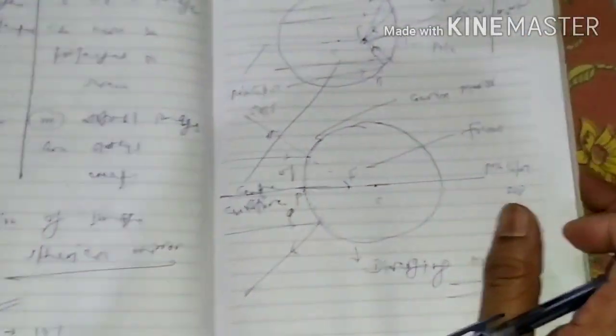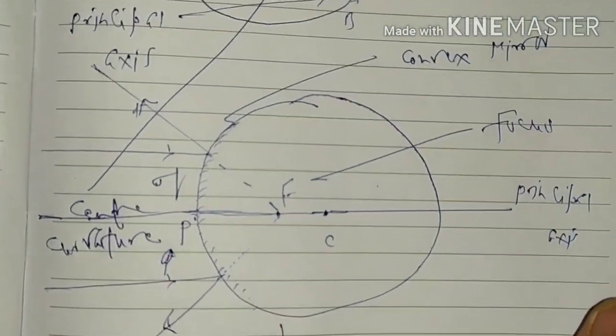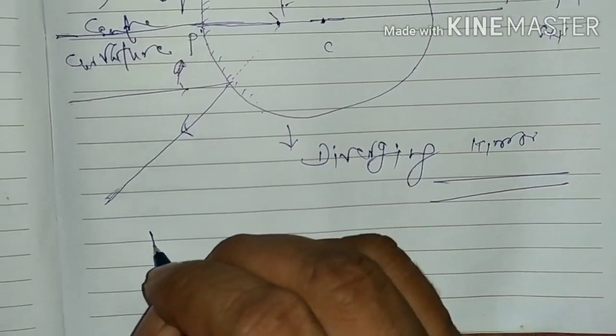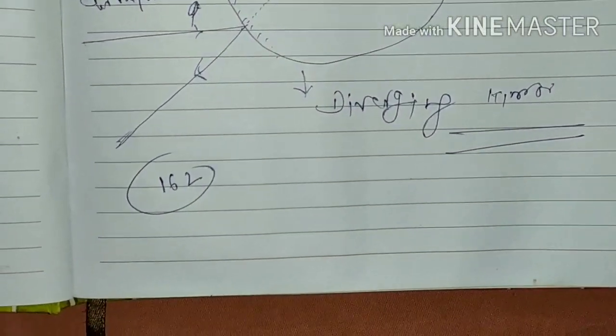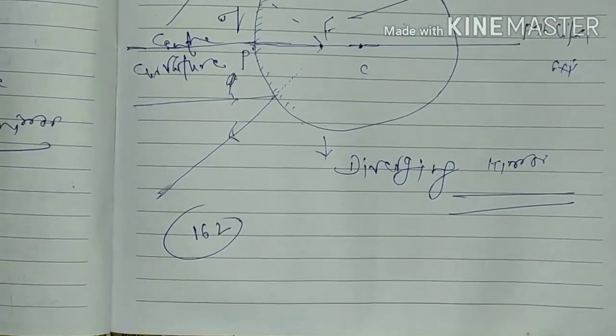And these things are given in the NCERT science book, page 162. You can see page 162 of your NCERT book for your reference.